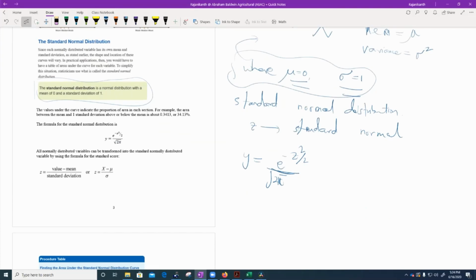You don't see mu and sigma here because we know their values for the standard normal: mu is 0 and the standard deviation is 1.